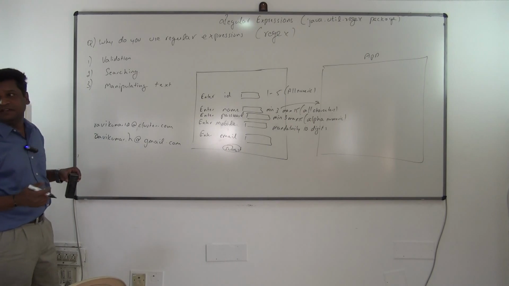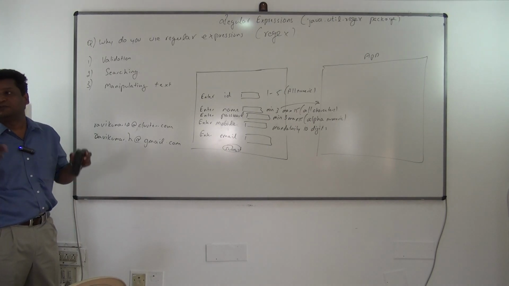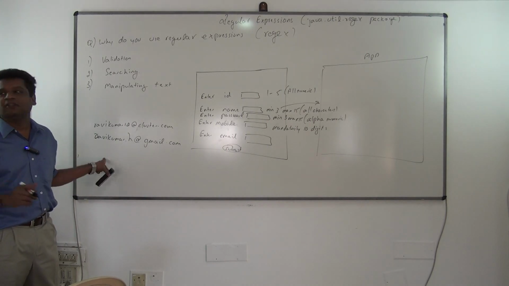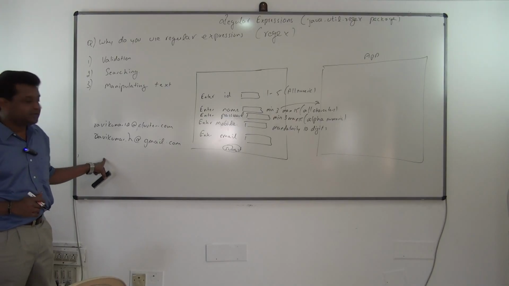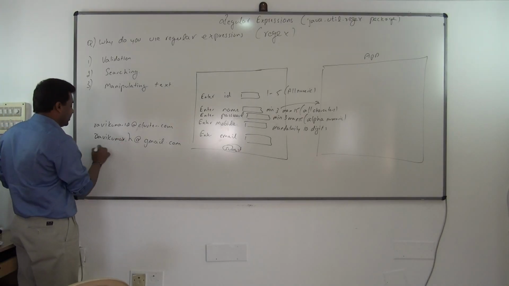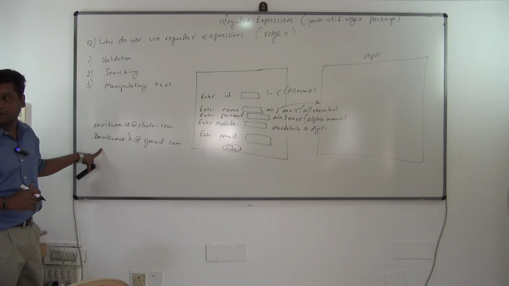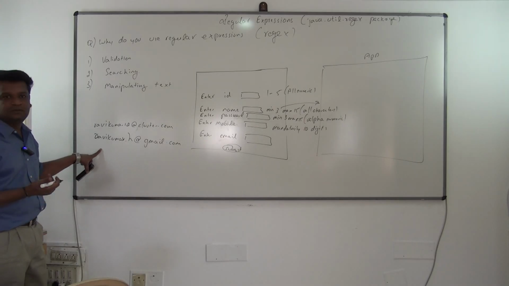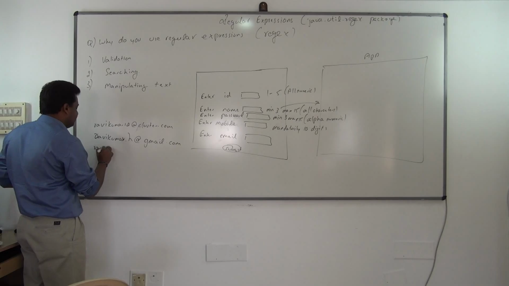There are various formats. It depends on project to project. You can't be very specific. So depending on the project, we'll do the validations. Here you are using dot. Sometimes it will not allow underscore, but sometimes you will need underscore. So it might be like this.